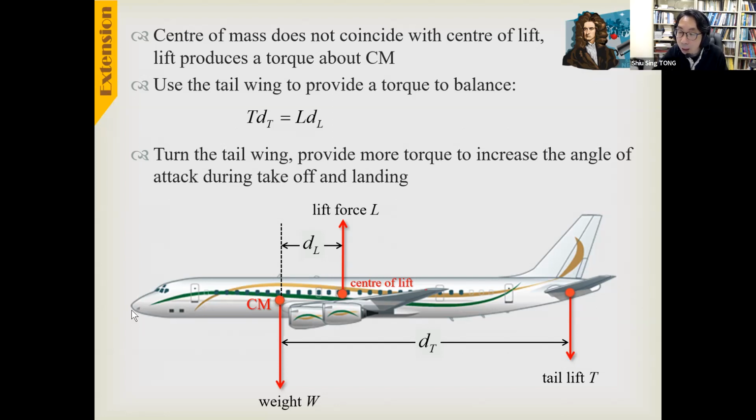On the opposite side, the nose of the airplane will be pointing up, so it will be tilted upward. That's how we tilt the plane and adjust the angle of attack, increasing the angle of attack so that it can gain more lift during its takeoff motion. So that's how people adjust the angle of tilt or the angle of attack of the wing.